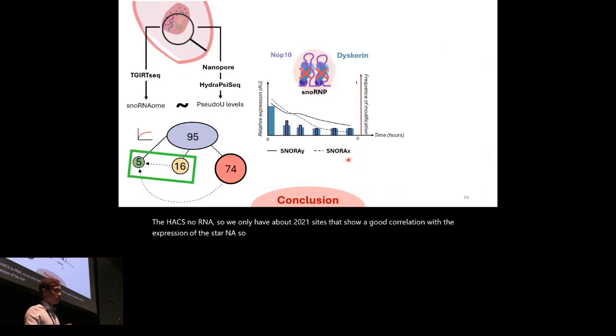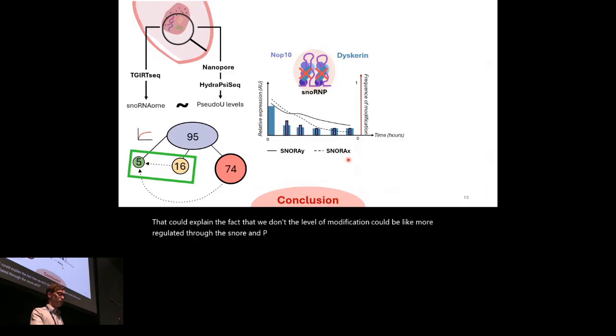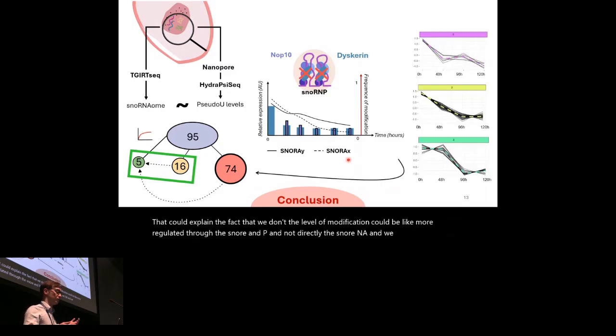So we went to disrupt the system. We lowered the level of discrete to simulate some kind of competition between the snoRNA, trying to see if they could have a pseudo affinity at the individual level that could explain the fact that the level of modification could be more regulated through the snoRNP and not directly the snoRNA. And we actually found three different clusters that seem to show meaningfully different dynamics between the snoRNA and the discrete.